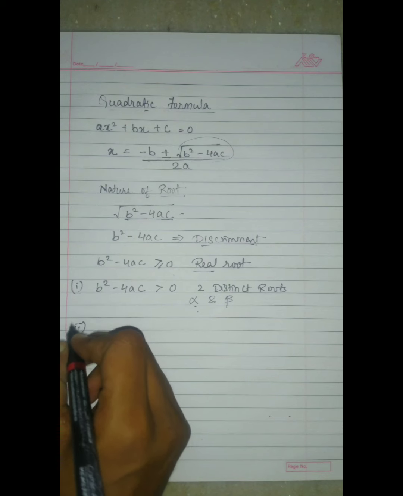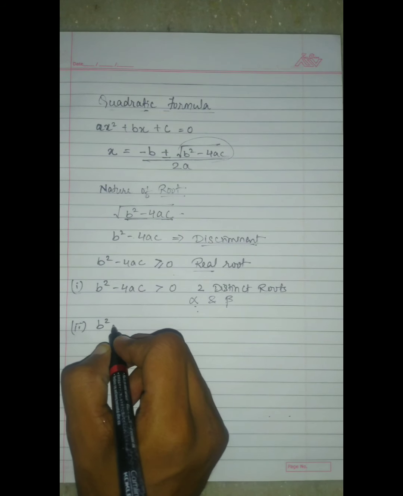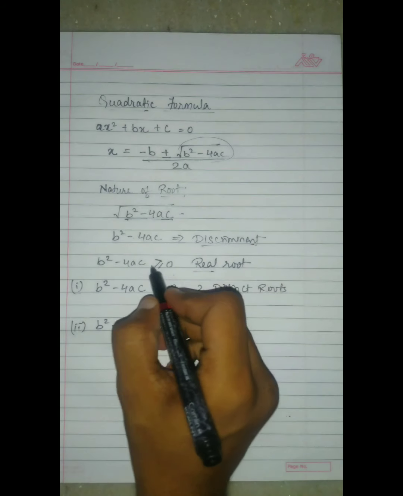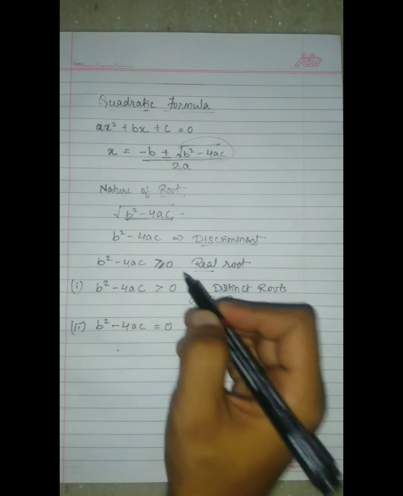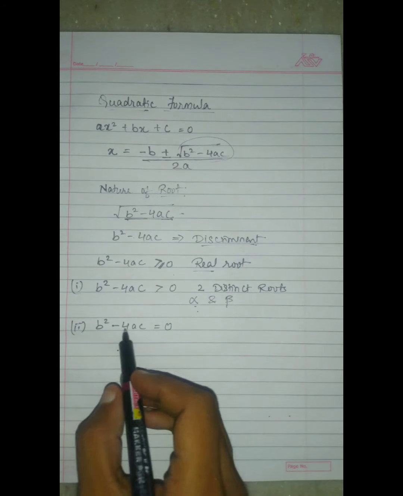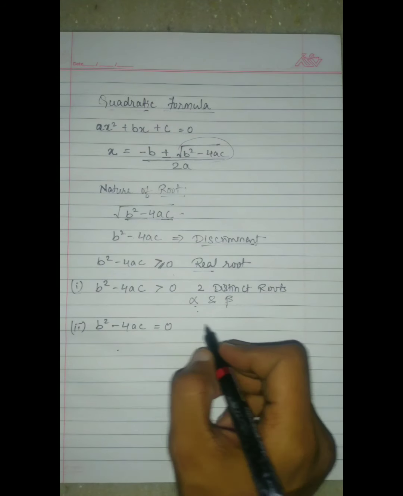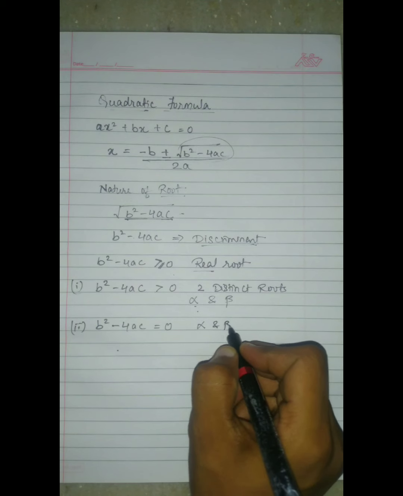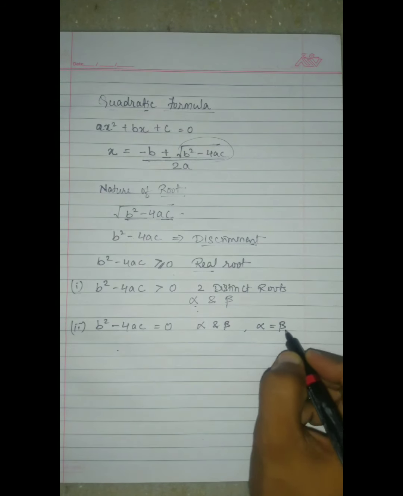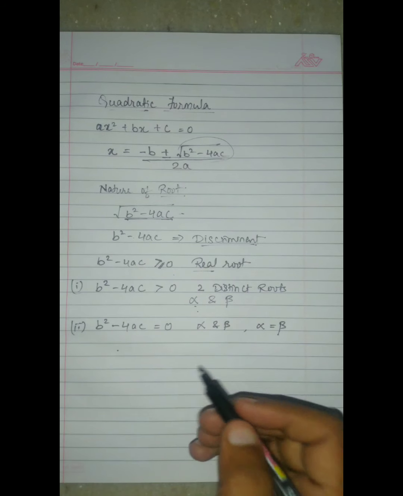Now if b square minus 4ac is equal to 0, then alpha and beta being the roots of the equation, alpha will be equal to beta. It will have same roots.